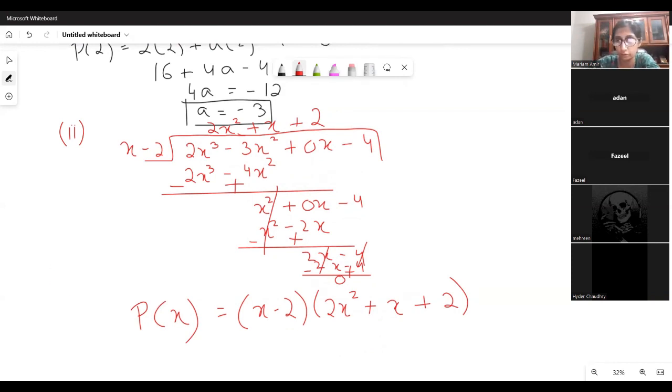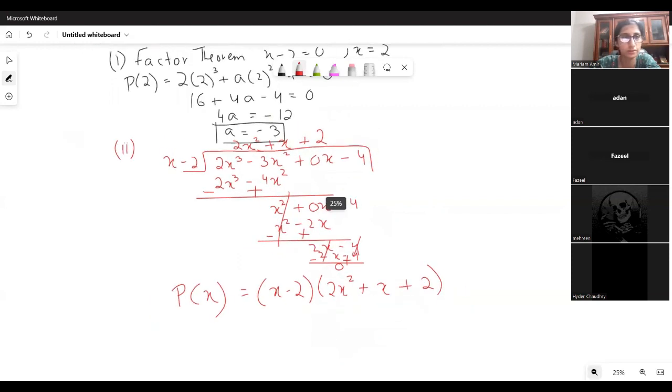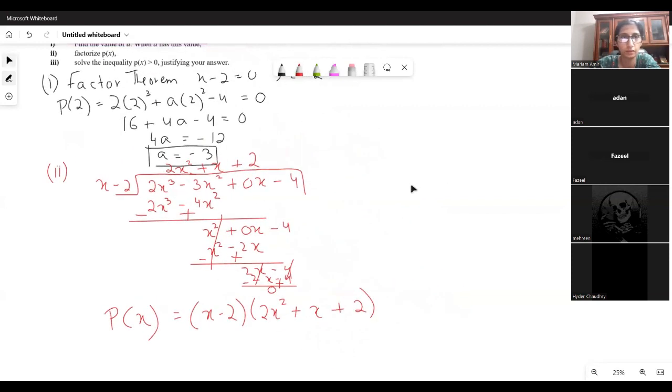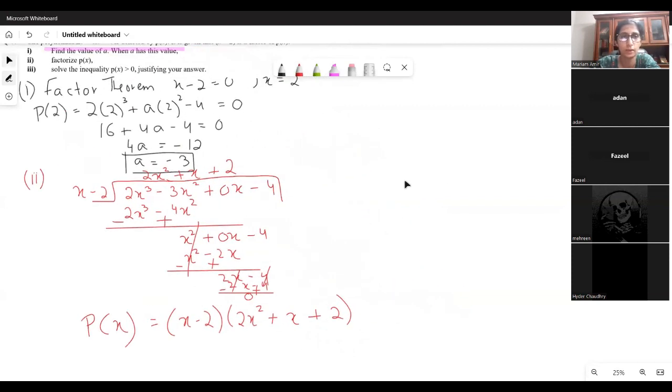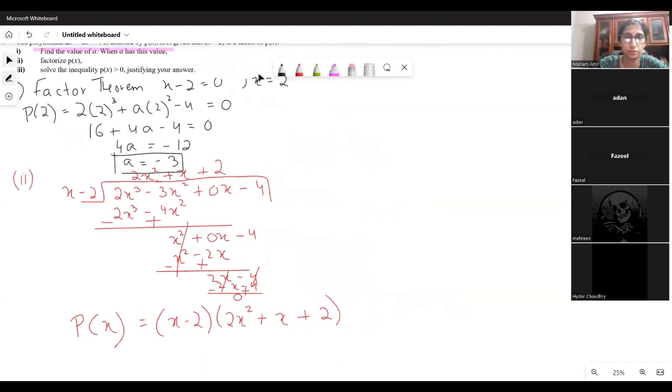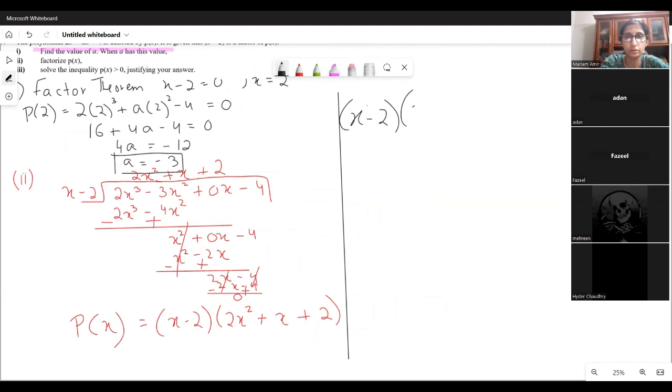Okay, that's part 2. There's also a part 3 to this question. What's that? Solve the inequality p(x) is greater than 0. So x minus 2 and 2x squared plus x plus 2 is greater than 0. We learned to solve quadratic inequalities last year in AS.